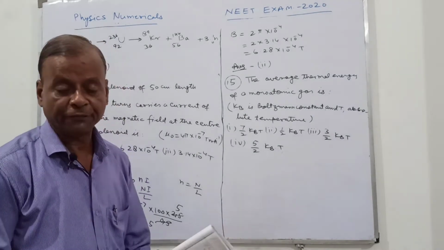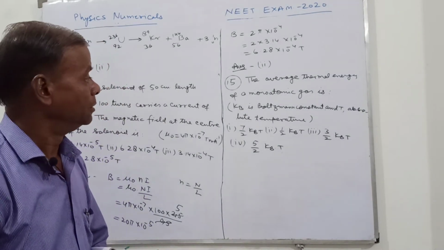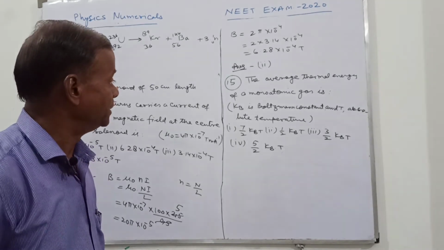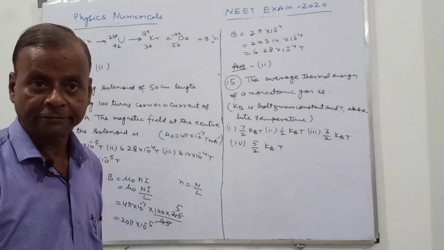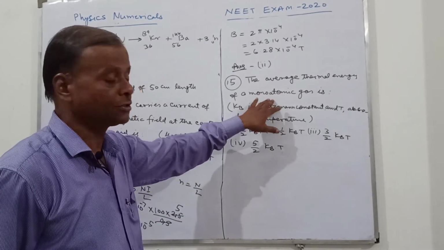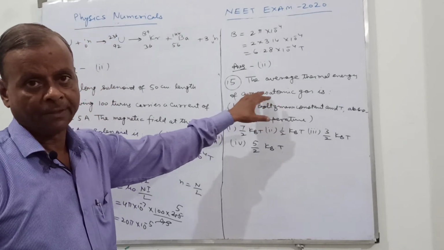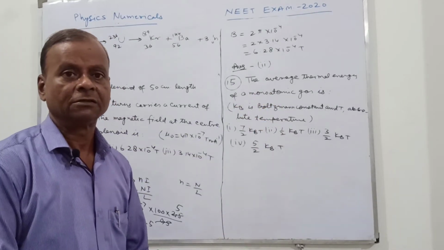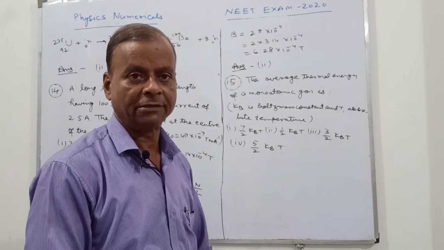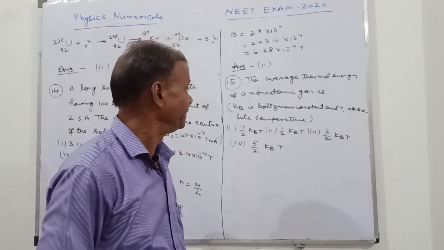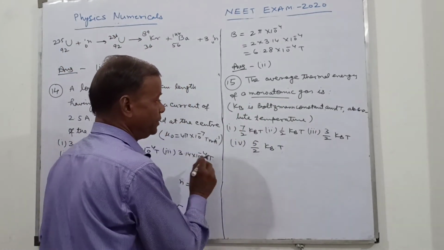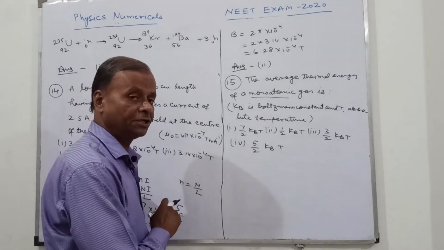So this is the question from the equipartition law of energy, that for each degree of freedom the energy associated is 1/2 kT, and this is given the monatomic gas. This is to be kept in mind that for monatomic gas there are 3 degrees of freedom. For diatomic it is now 5, and for polyatomic it is 6. So being this monatomic gas, we have the degrees of freedom only 3.